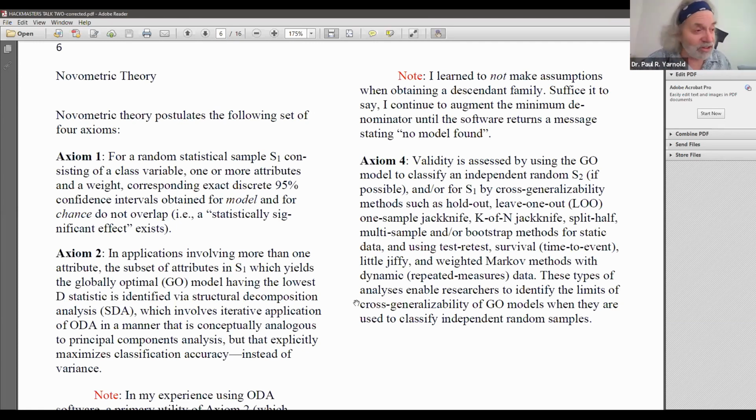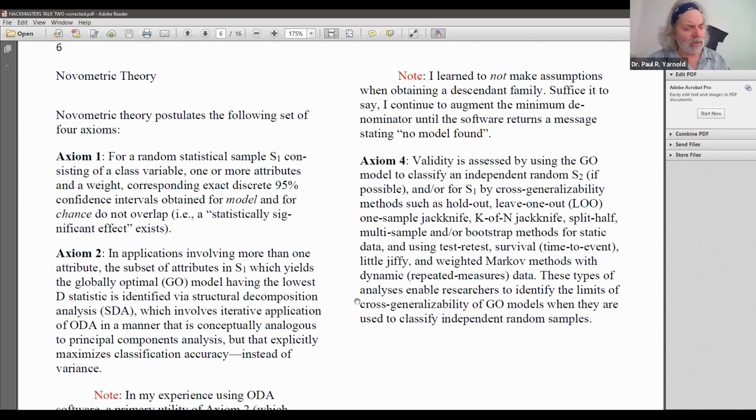Principal components is actually just the partial derivatives of the variance covariance matrix. There are no assumptions required. It's a mathematical procedure. That's why physicists use it. And this is exactly analogous, except instead of maximizing variance, it maximizes accuracy. How beautiful is that? And we'll get into how that works.